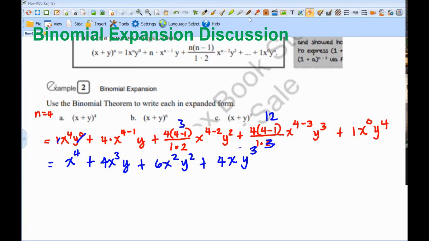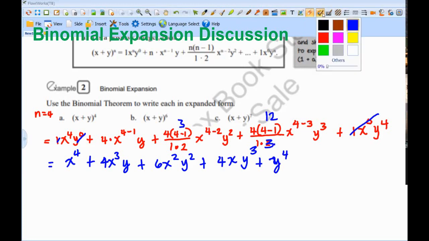And lastly, we have x is 0, so that should be 1, y to the 4th. Look at the Pascal's triangle. If we have 4, 4, 6, 4, 1. Right? 4, 6, 4, 1.